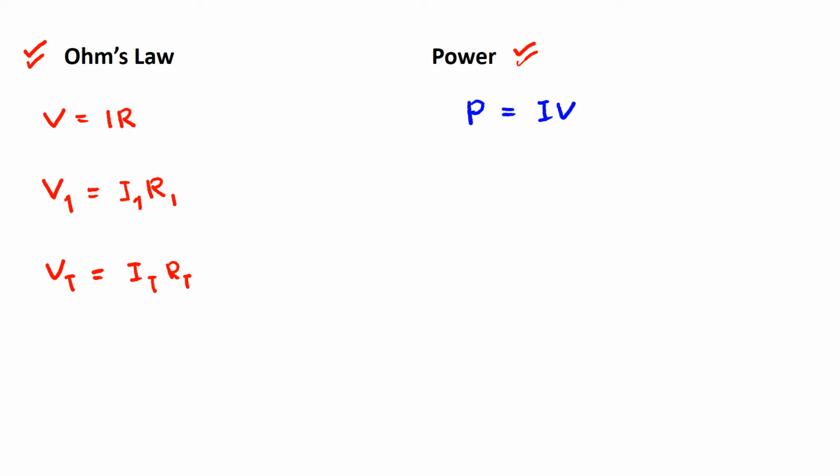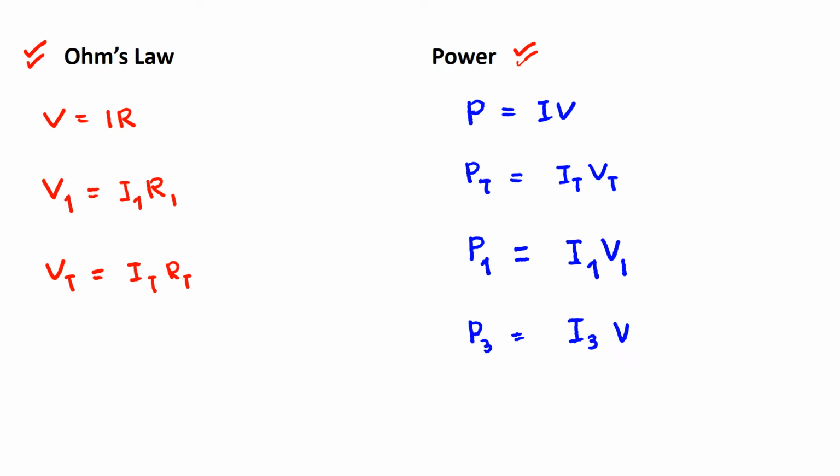So if we would want to solve for total power, that would just be total power is equal to total current times the total voltage. Or if we would want to know the power that is dissipated in resistor 1, we could just say the power dissipated by the first resistor is just equal to the current through the first resistor multiplied by the voltage of the first resistor, or we say P3 is equal to I3 times V3.